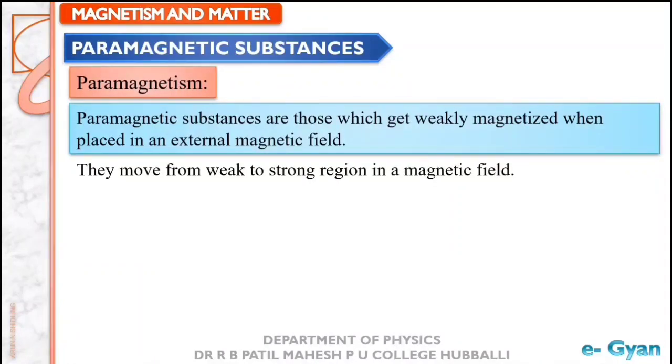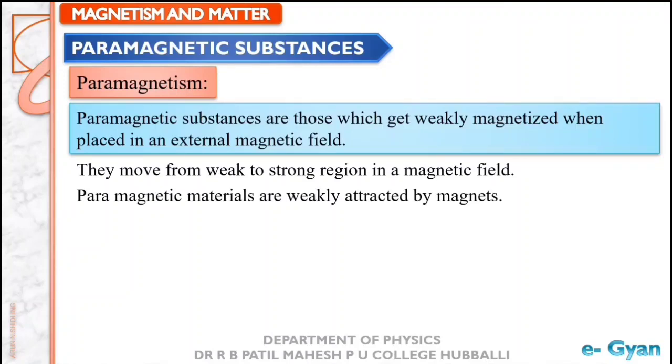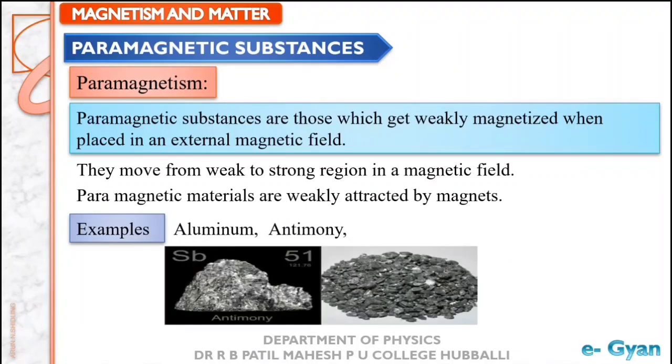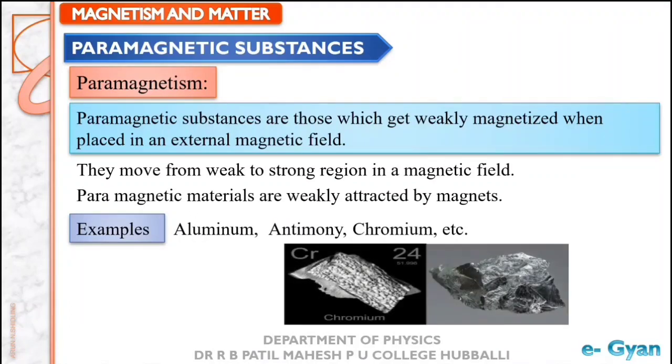These materials move from weak to strong region in the presence of a magnetic field, and paramagnetic materials are weakly attracted by magnets. Examples for paramagnetic substances are aluminium, antimony, chromium, etc.